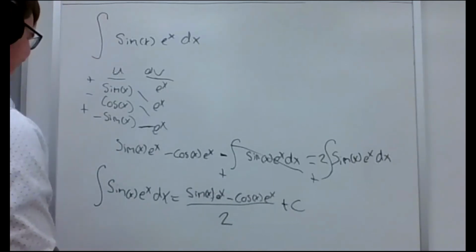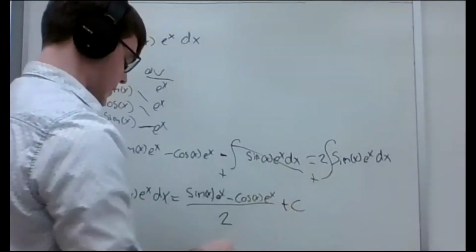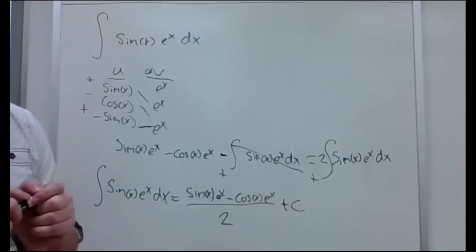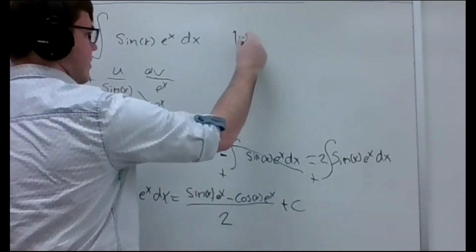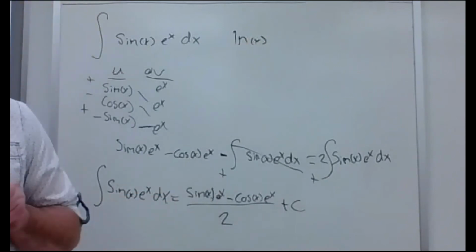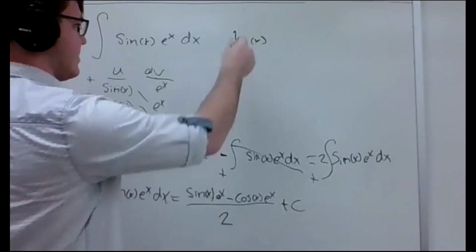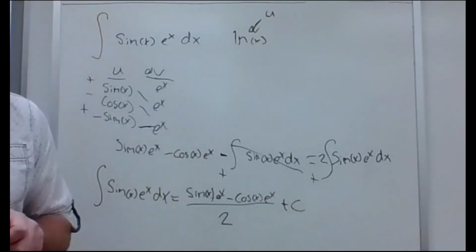So it's kind of like a weird way of going about it. But I guess this is sometimes kind of hard to see. A couple other things about integration by parts. If you have an ln of anything in your, like an ln of x, you're always going to treat this as our u. That's always going to be u.